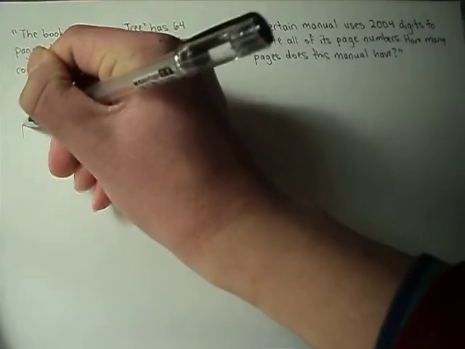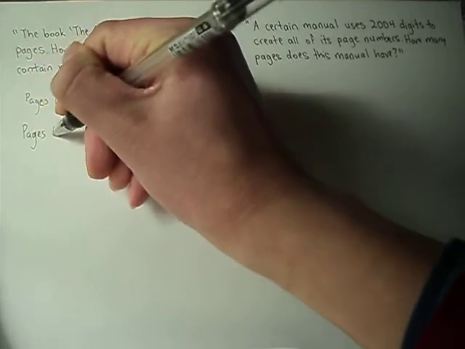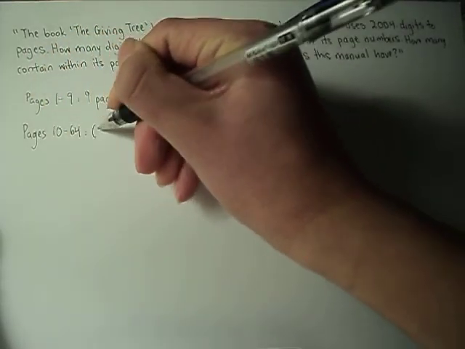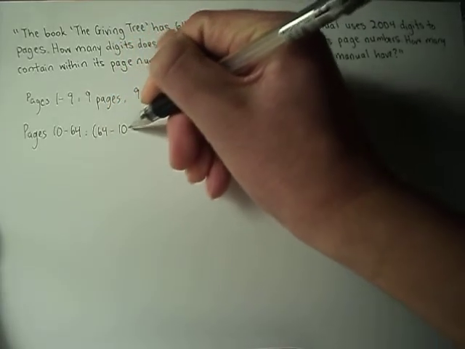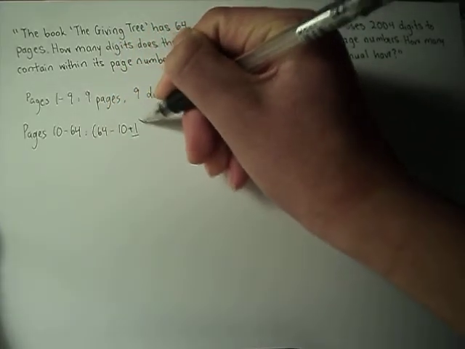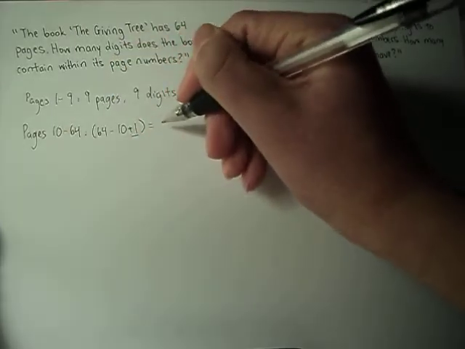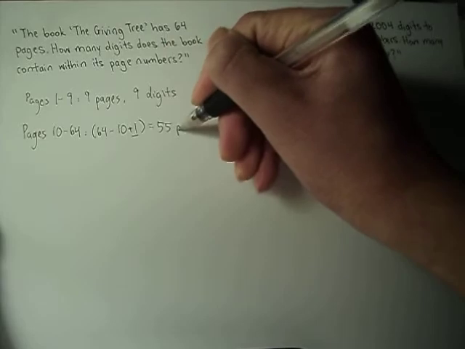Now, if we continue on, pages 10 to 64 would have 64 minus 10 plus 1. This plus 1 is needed because we want to include page 10. And they would have 55 pages in total.